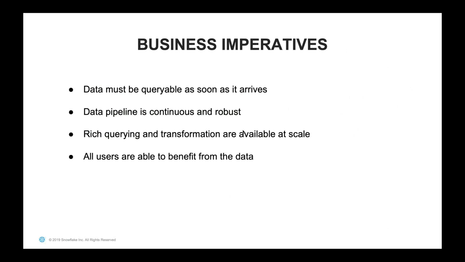The monitoring and the error handling that needs to happen around pipelines need to be absolutely smooth. And the data itself should be easily queryable. It should be transformed at scale because the volumes are increasing as well. And the platform that is used, the SQL engine and the data warehouse, needs to be able to scale up when there is a need, right?